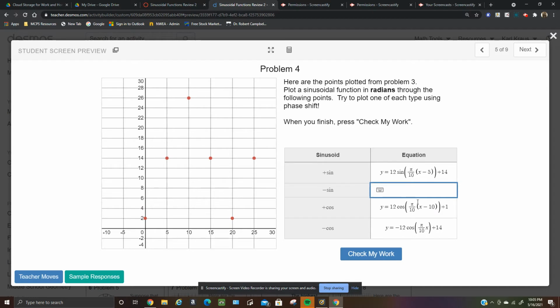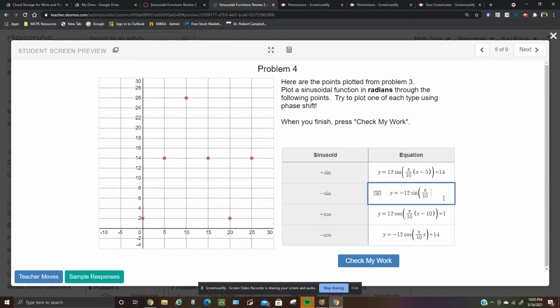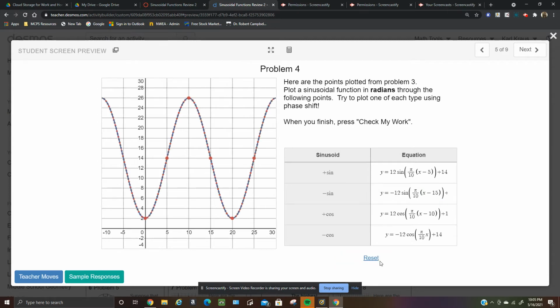And then the negative sine, negative 12. We have to see where the negative sine starts here. We could start right here for negative sine, x equal 15. Does it all work? No.